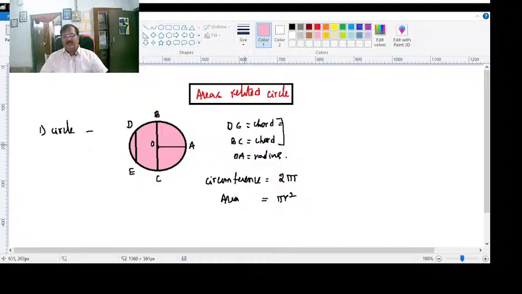So this is about minimum basics you should know. Everybody should know about the circle. Okay. So now I will tell you few more things about the circle. The parts of the circle: if you divide a circle, you will come to know few things.